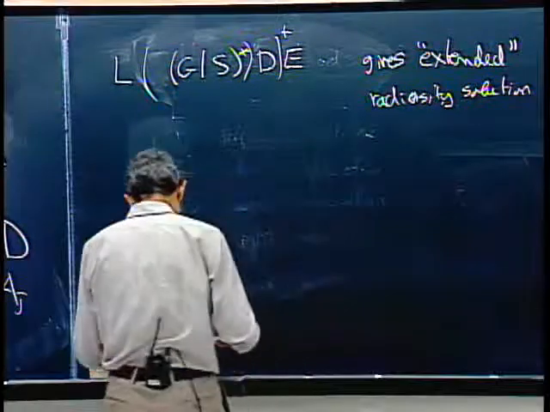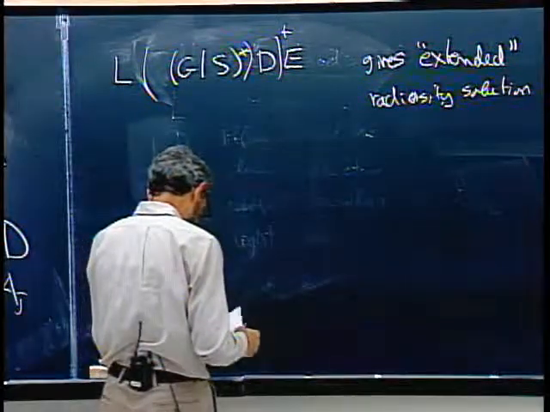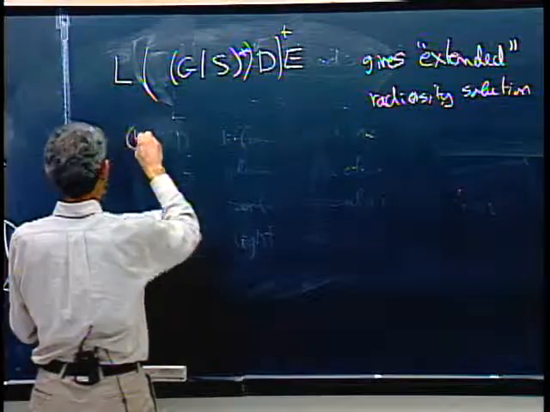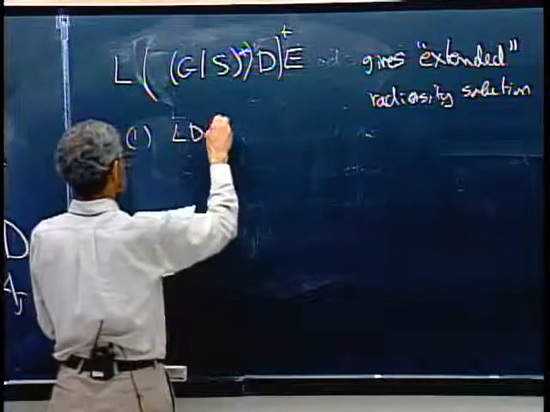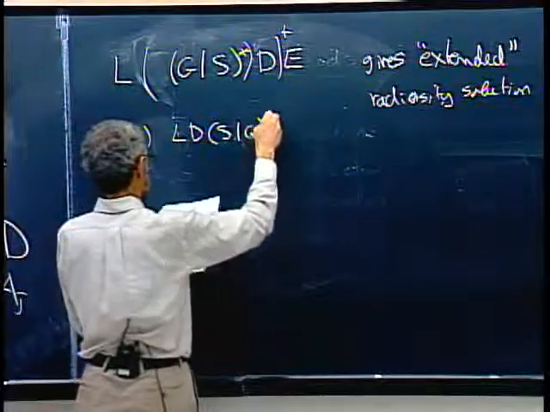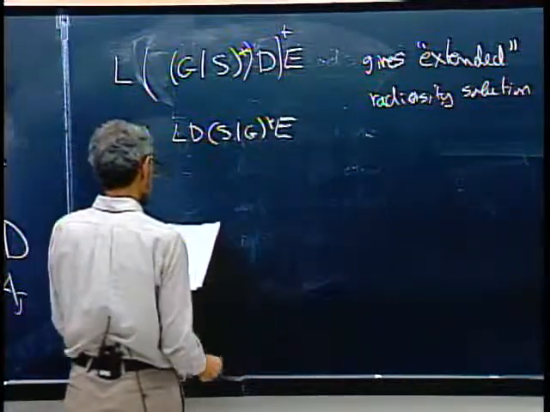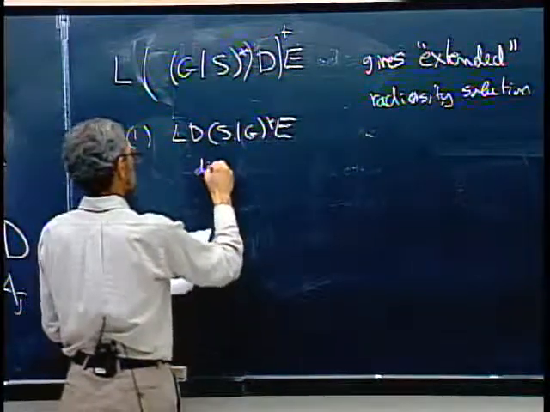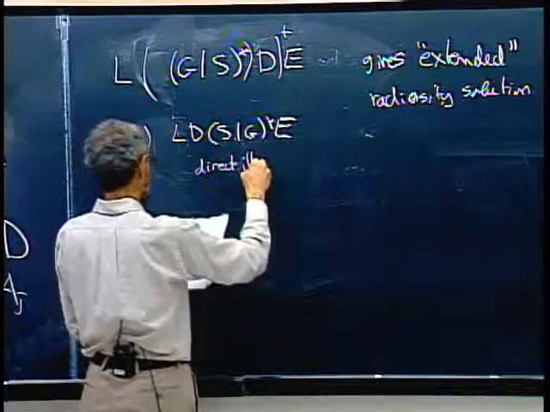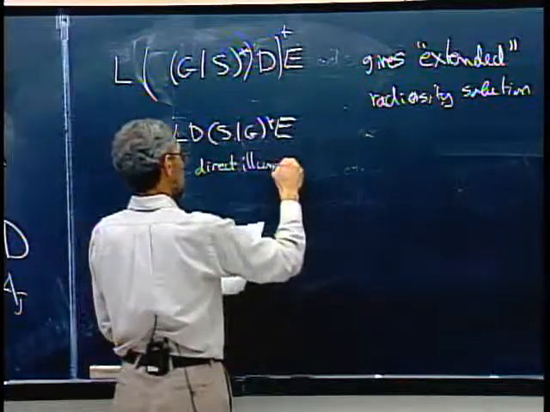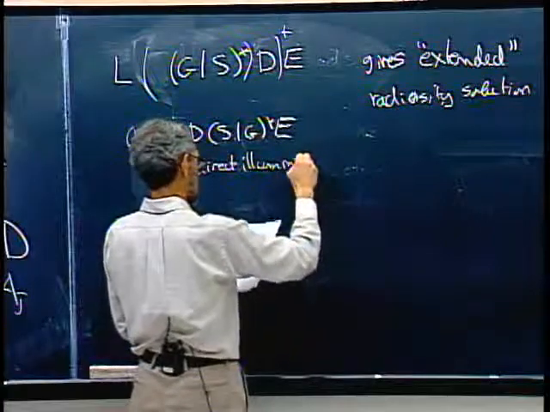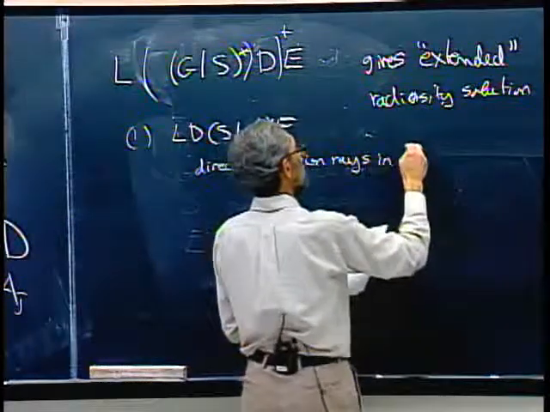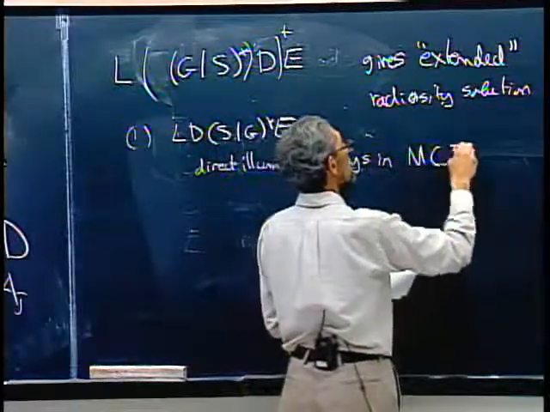Okay, so now I'm going to tell you the four terms he got. So the first is L, D, S, or G star E. And this is direct illumination rays in Monte Carlo path tracing.